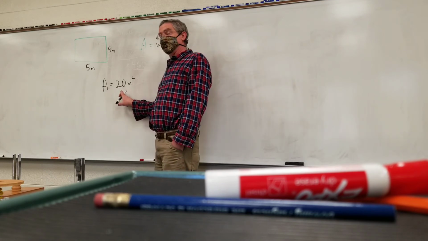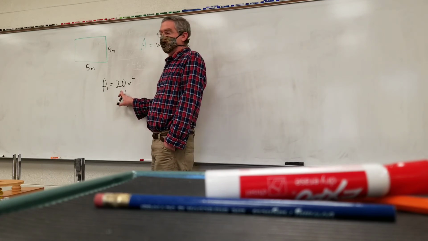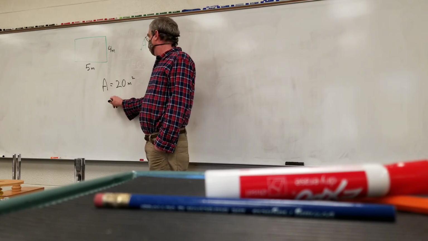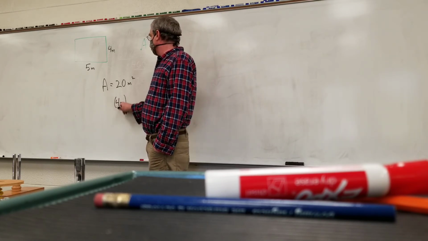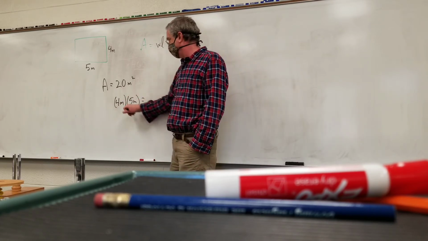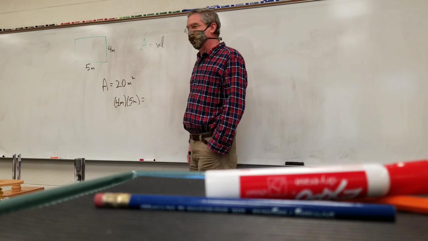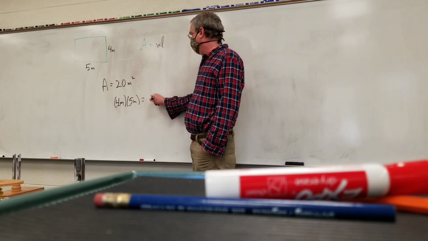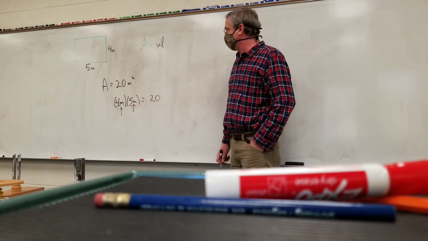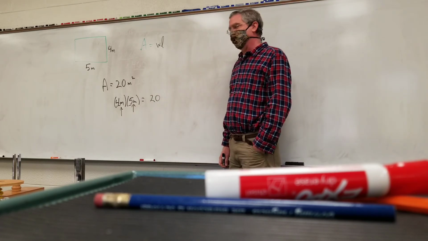Even though this does satisfy significant digits, I'm not worrying about significant digits for this next part. So we do 4 meters times 5 meters, or 5 meters times 4 meters, whichever way you're dealing with it. That's the math problem right there, 4 times 5, 20. But the meters here, it's what separates us from the math people.